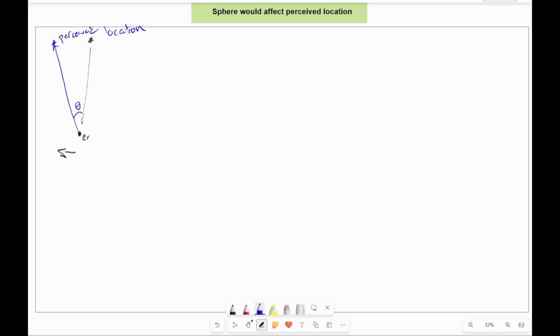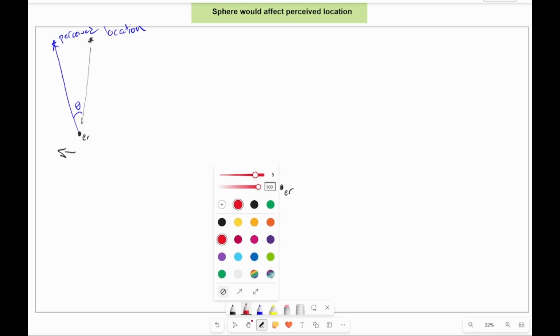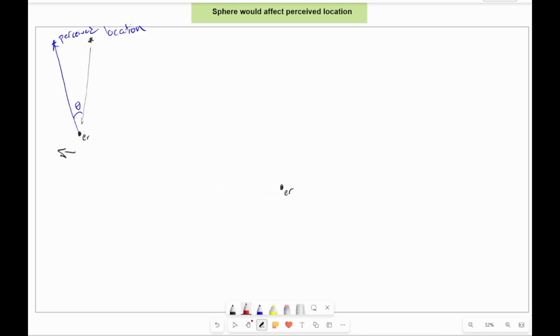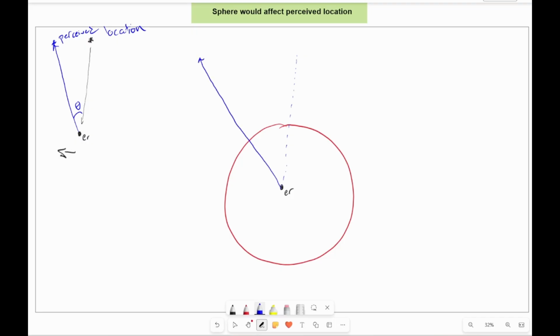But it's very small. But how does this affect, or how would an inertial sphere affect this measurement? Not a bad circle. So we're expecting light to be this way. However, this is pretty extreme.